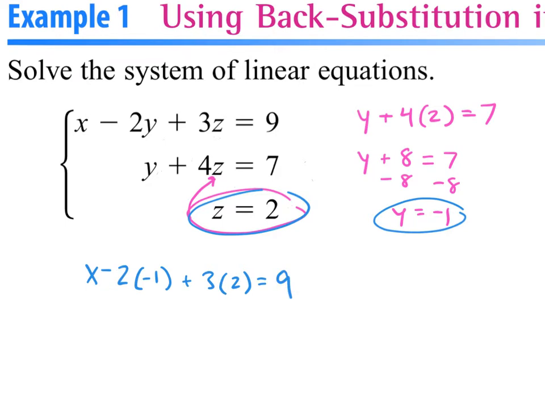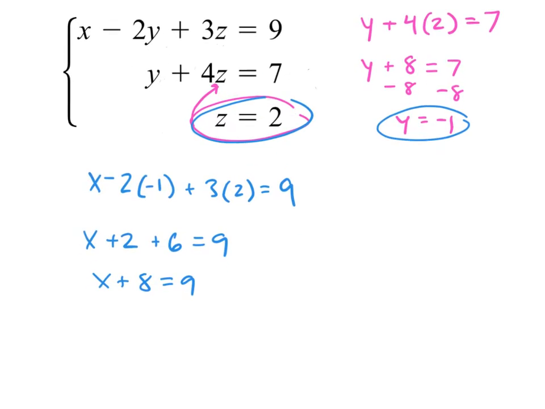What do we do first to solve for x? Multiply. What's negative 2 times negative 1? Positive 2, and 3 times 2 is 6. We can add 2 plus 6, which is 8. Then subtract.